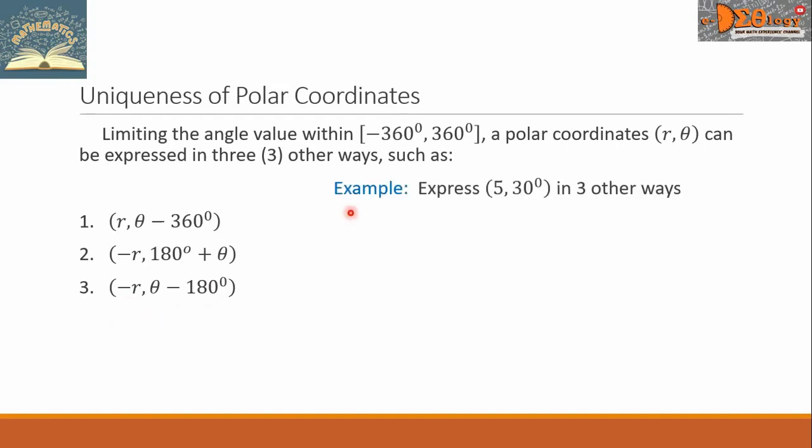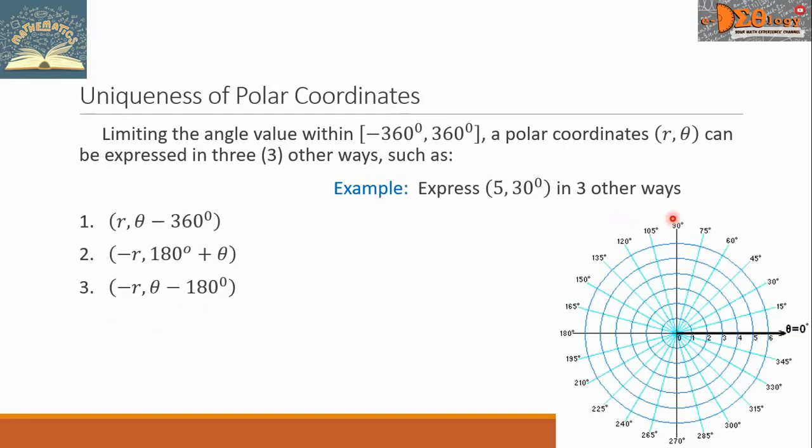Let us see this example. Express the polar coordinates 5, 30 degrees in three other ways. First, let us draw our polar coordinate system, and then let us plot the given point. The angle is positive 30 degrees, so we generate the angle in counterclockwise direction. This is the angle, and let us put the radius 5. So the point 5, 30 degrees is the red dot here.